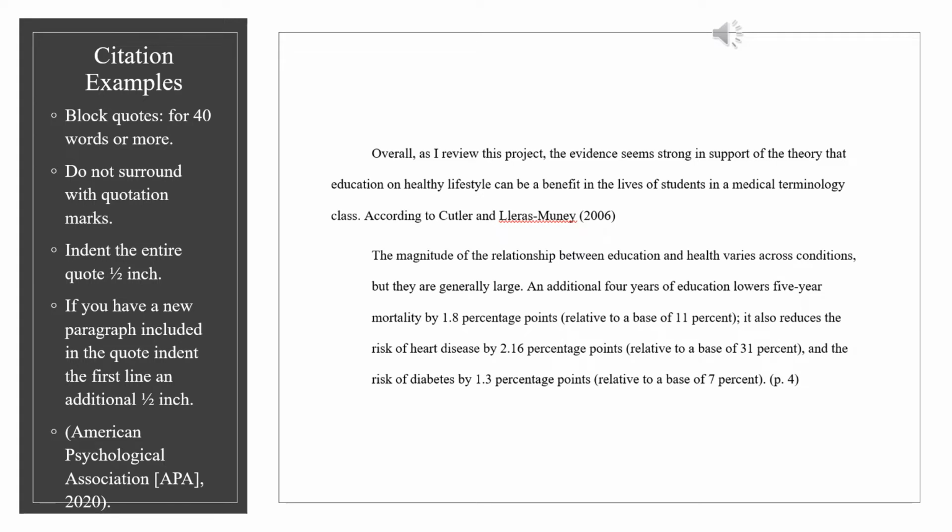Also note that in this example, the period does not come after the entire citation, rather it comes after the quote, and that is slightly different than other in-text citation examples you have seen and will see.